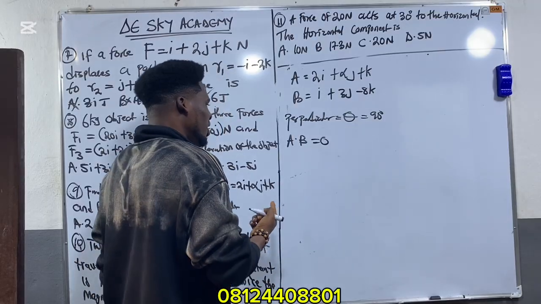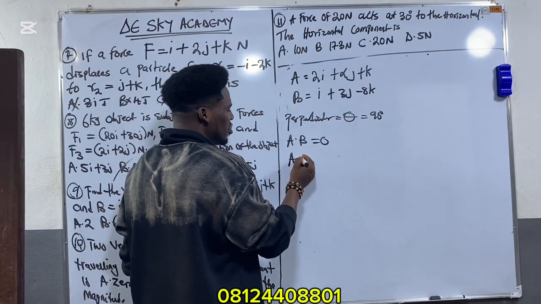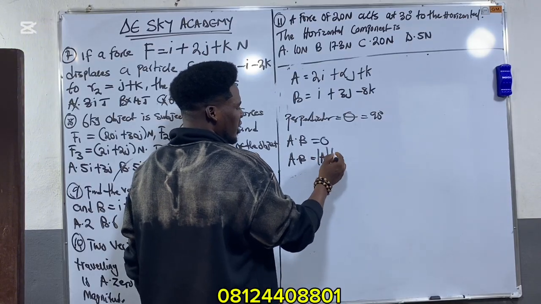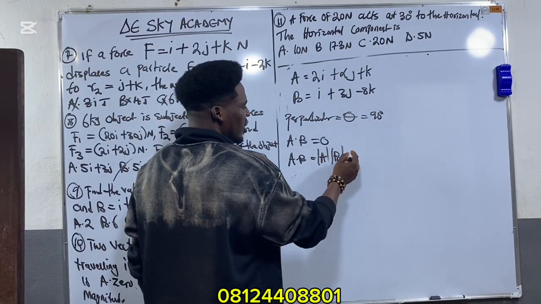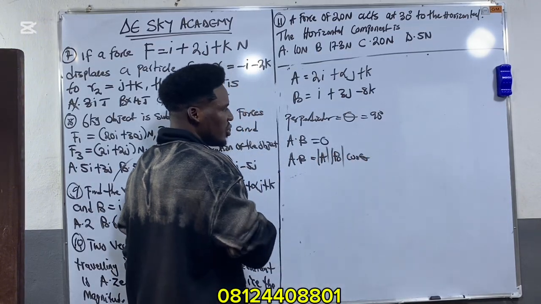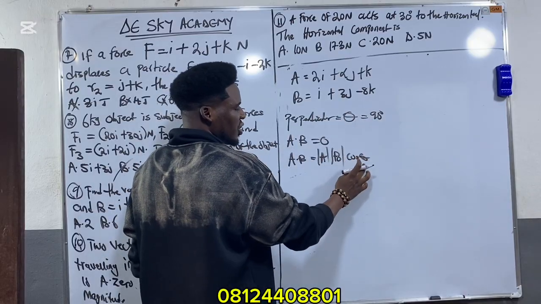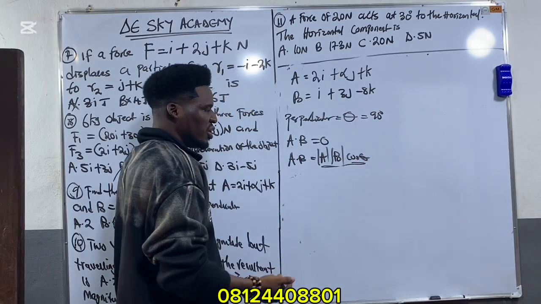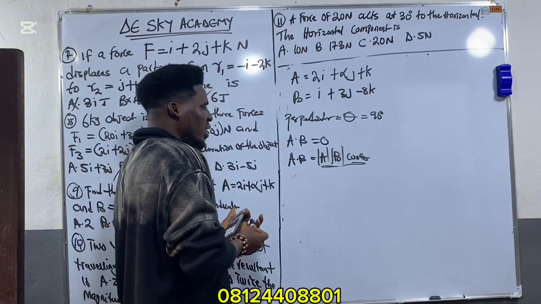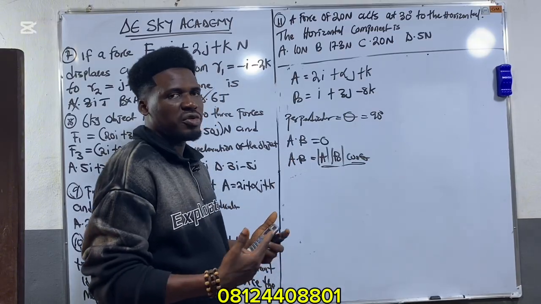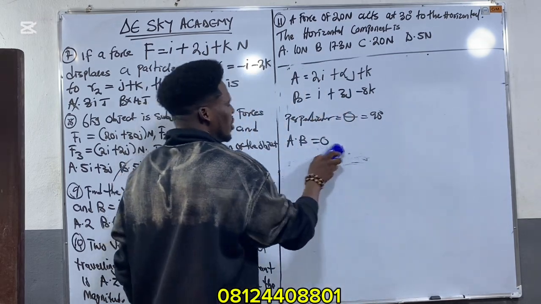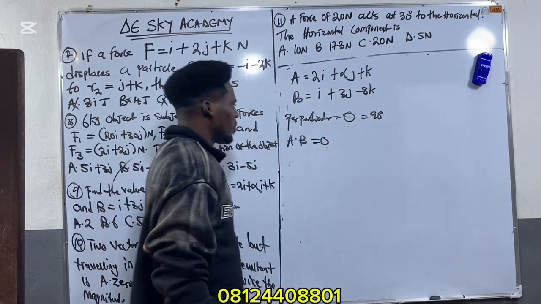The formula for dot product is the magnitude of vector A times the magnitude of vector B, then cos theta. So if theta is 90, what is cos 90? 0. So 0 multiplied by everything here will give you 0. That is the reason why the dot product of two vectors that are perpendicular to each other is equal to 0. Please note it.